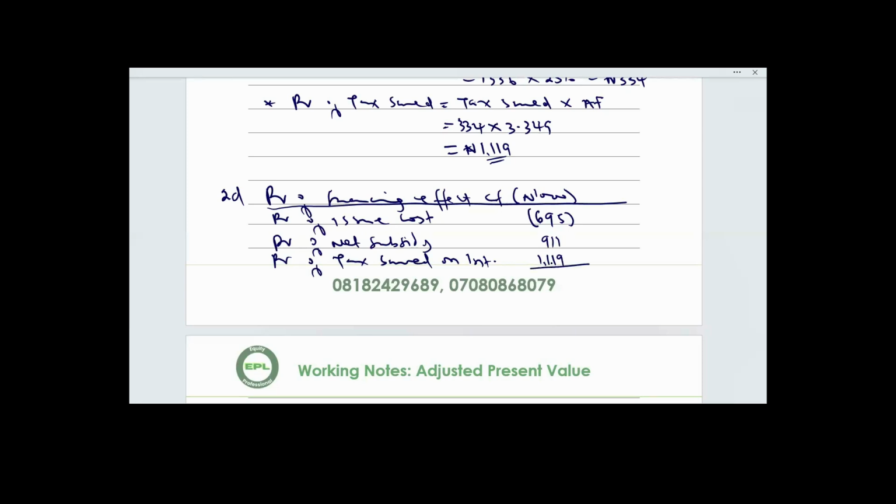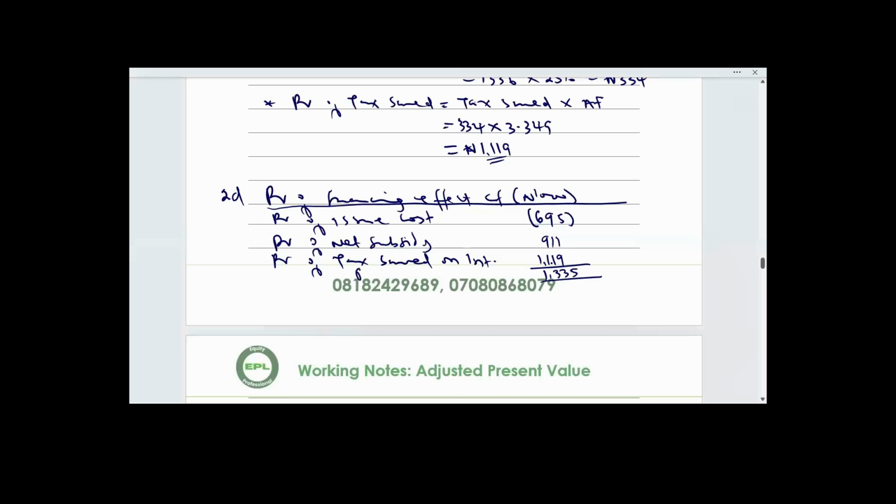So here will be equal to 1,119 plus 911 minus 695, which equals 1,335.